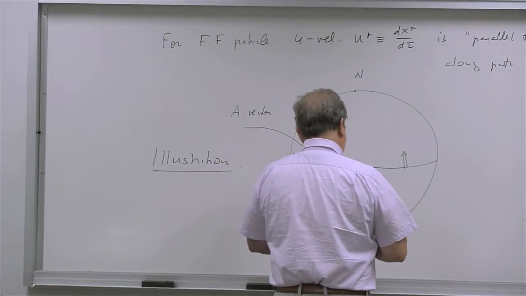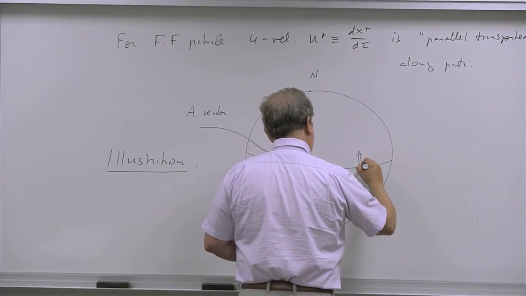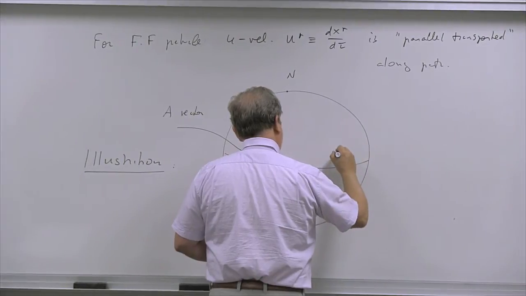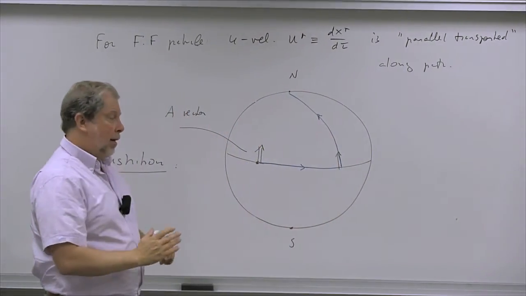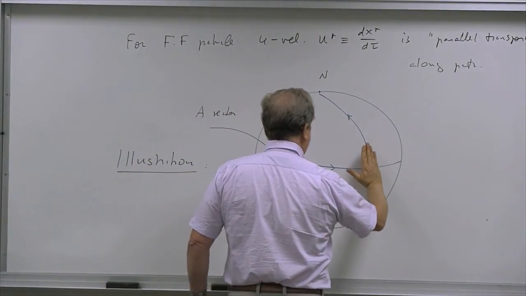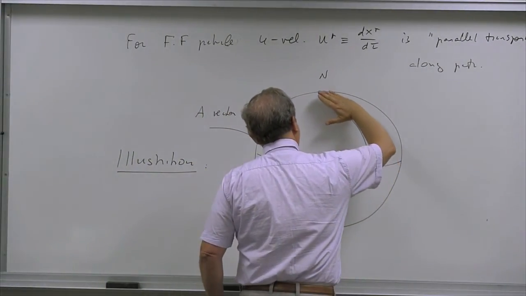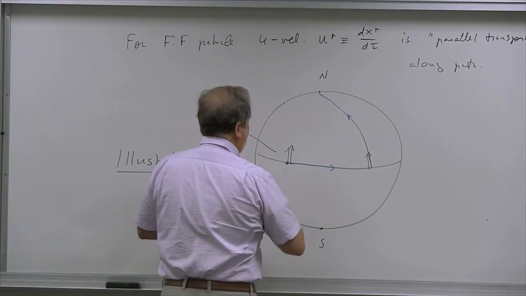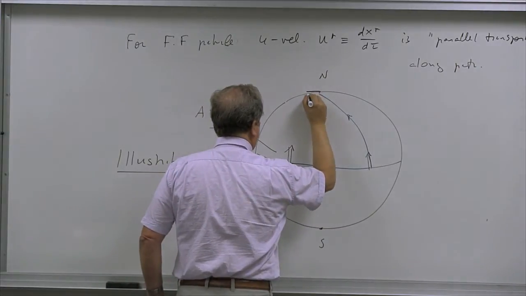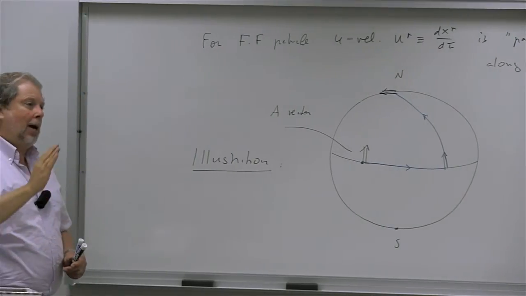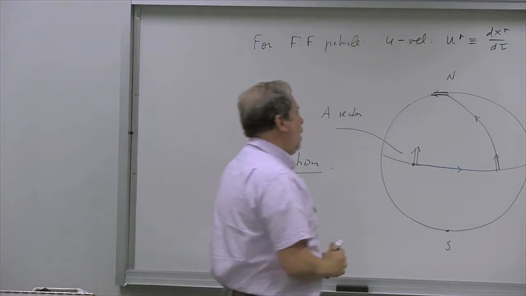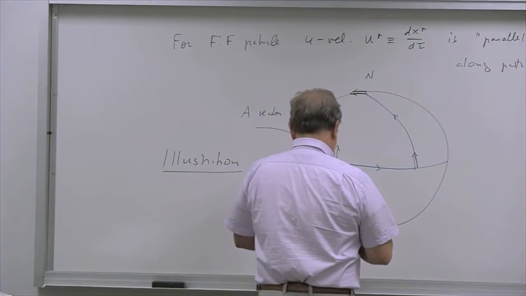And now when we get to that point, we are going to parallel transport this vector to the North Pole, right? So that means that we bring the vector up like this. And as we arrive at the North Pole, we are, of course, going to discover that the vector is going to point that way, right? By parallel transporting along this geodesic in this case, right?